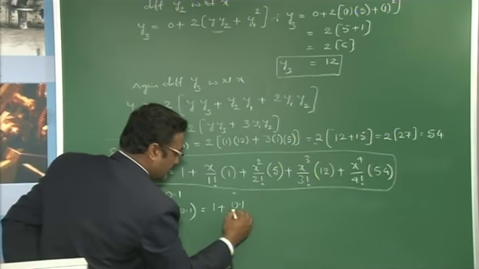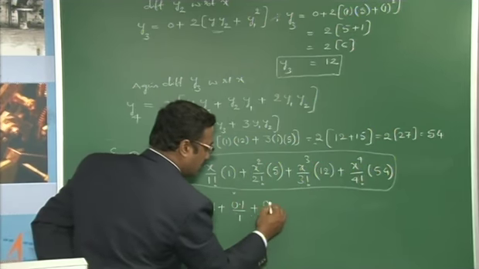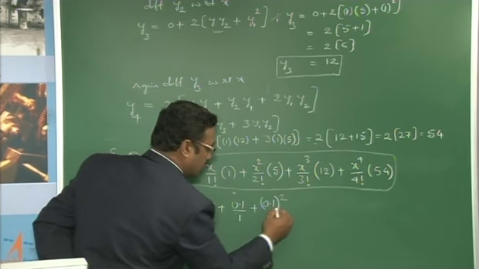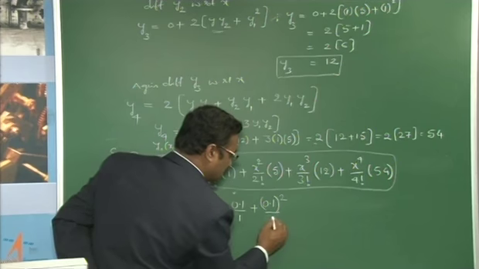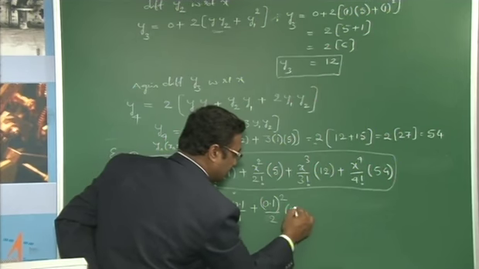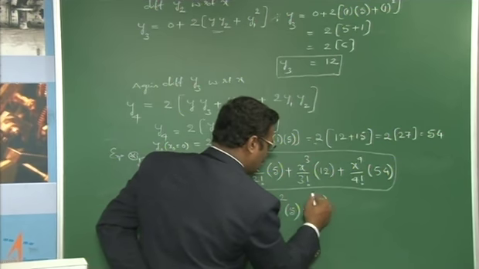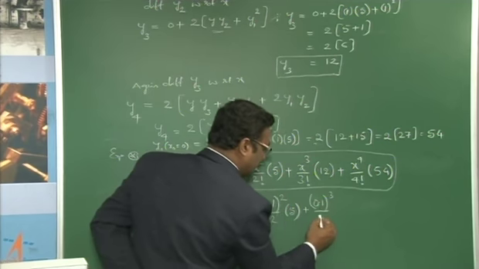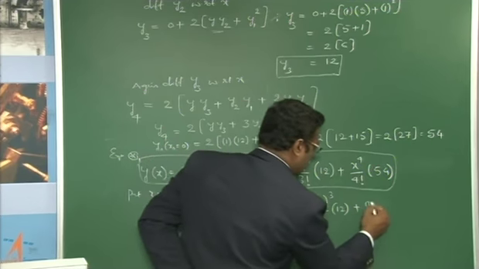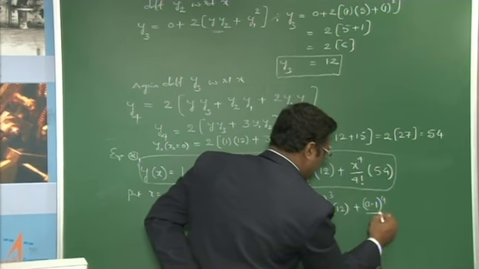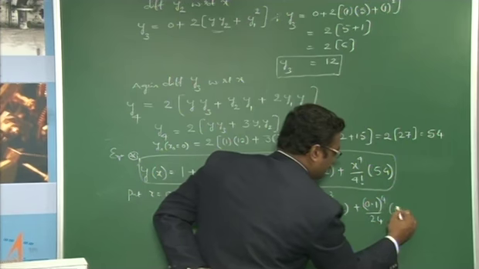This is 0.1 by 1 factorial is 1 into 1, plus 0.1 whole square by 2 factorial into 5, the 2 factorial value is 2, plus 0.1 whole power 3 by 3 factorial value 6 into 12, plus 0.1 whole power 4 by 24, the 4 factorial value, into 54.